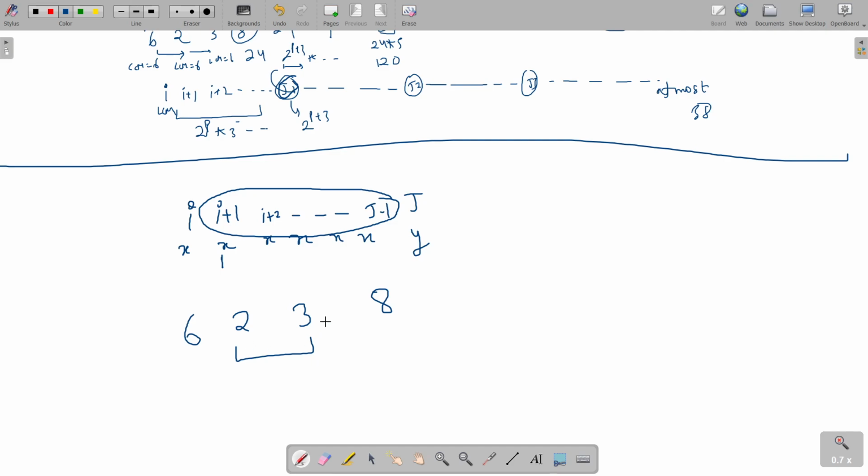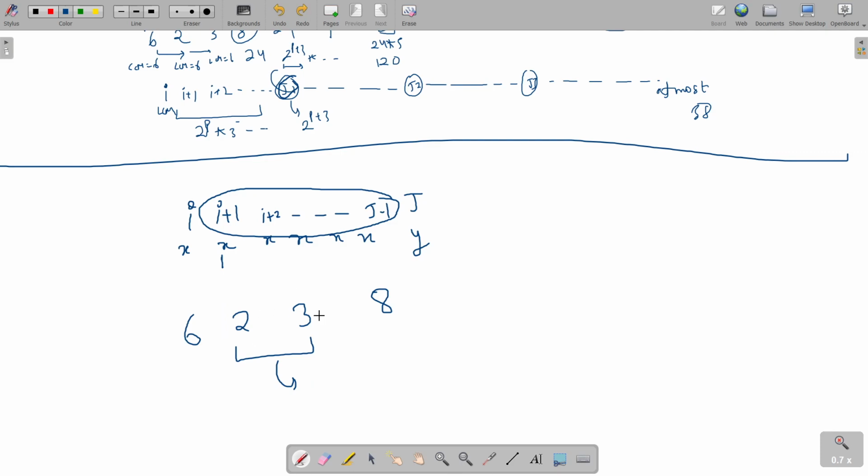So if we take the LCM of these two numbers, it is 6, and that is dividing the old LCM, which was initially 6 only. So this is a good range, but the j value will not lie here, it will lie ahead of here, because if their LCM is dividing 6, then they themselves will also divide 6.